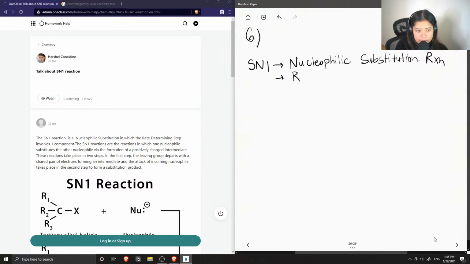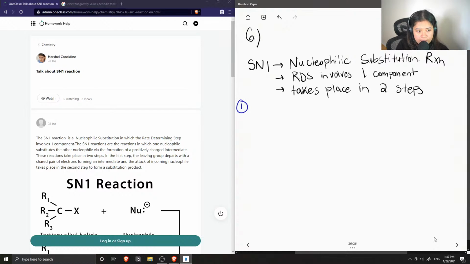Basically, the rate determining step involves one component, which is why they call it SN1. And typically it takes place in 2 steps. I'll just show these 2 steps now.